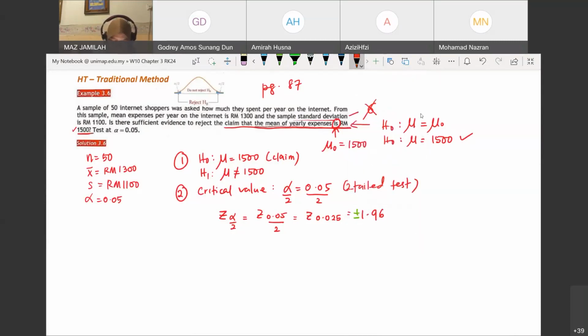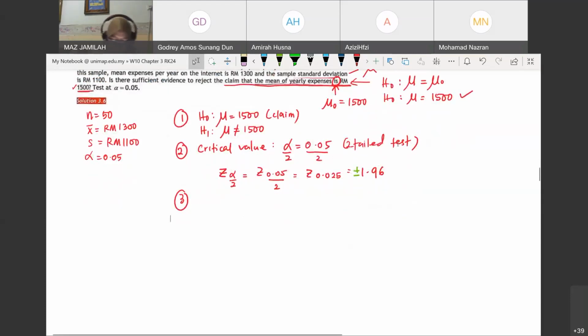Next, third step. Find the test statistic.